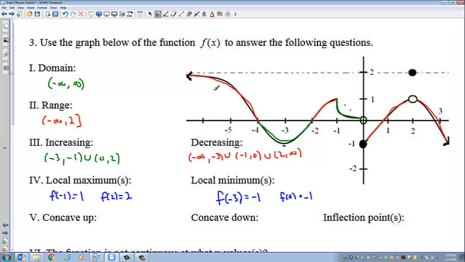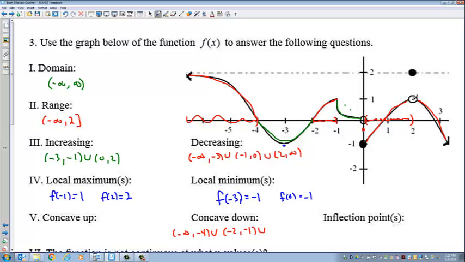All right, so for concave down, it's all the red stuff. So you're concave down from here to here. So I would say from negative infinity to -4. Union, and then I pick it up at -2 to -1. Union, and then I pick it up here at 0 again, and I would go all the way to 2, and I think I would probably stop at 2 because there's a hole there.